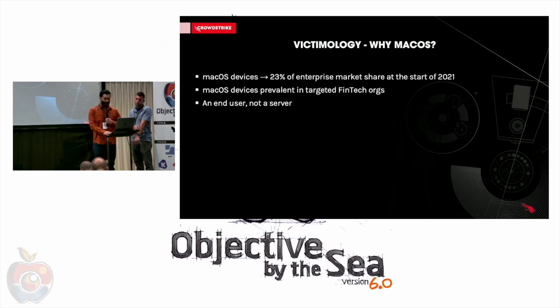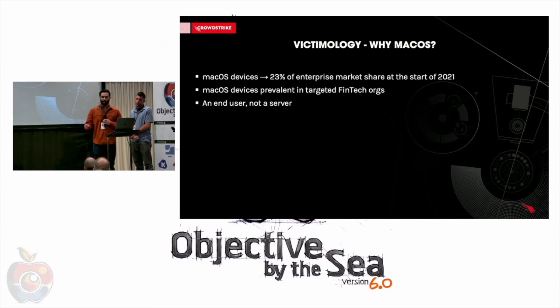So why Mac OS? Why have we seen such an uptick in Mac OS targeting, specifically in the last 12 months in particular? Well, this is an old number, but in early 2021, there was a study that said 23% of the enterprise market share was Mac OS devices.